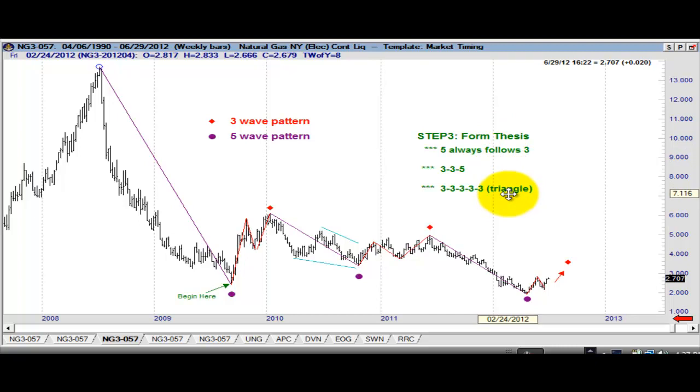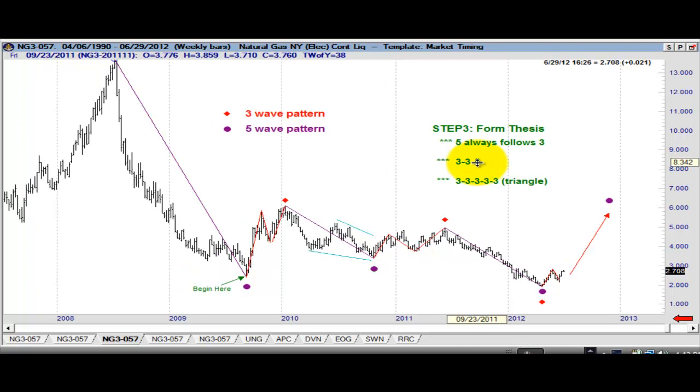Under the first set, 5 always follows 3 scenario. Here we had our 3-wave advance, so we're looking for 5. We have 1, 2, 3, which is incomplete, so we're looking for a 4th wave advance, which is corrective, as I've indicated here, and then we should be looking at another decline.